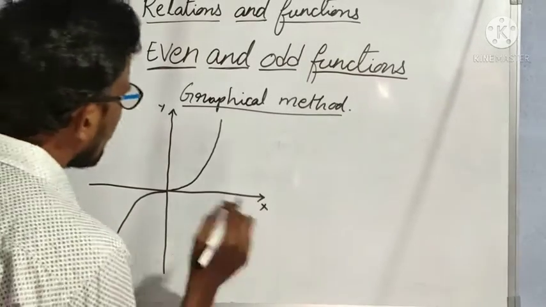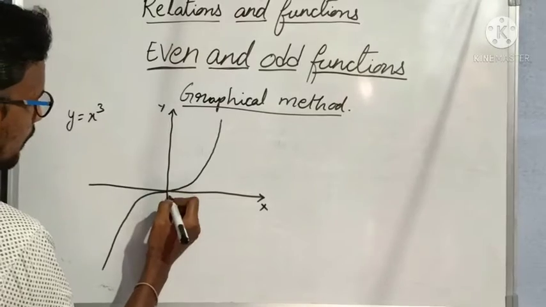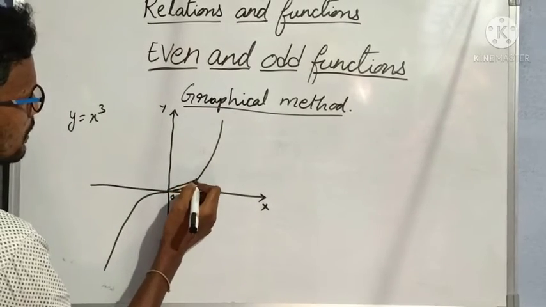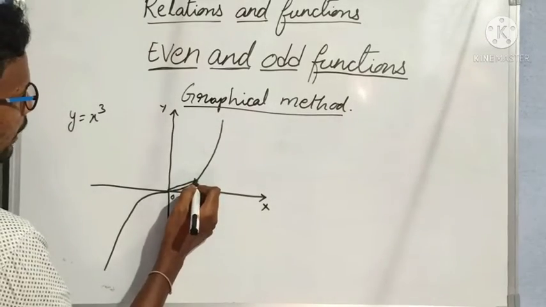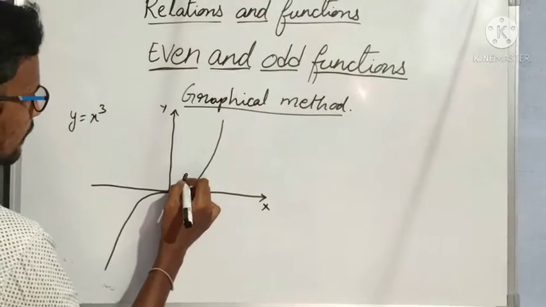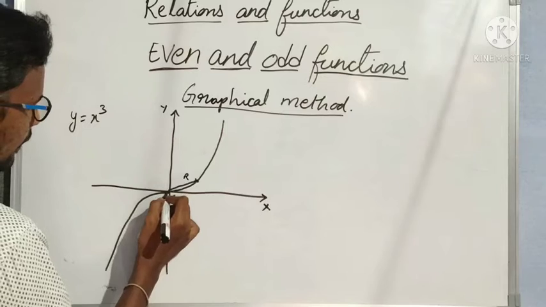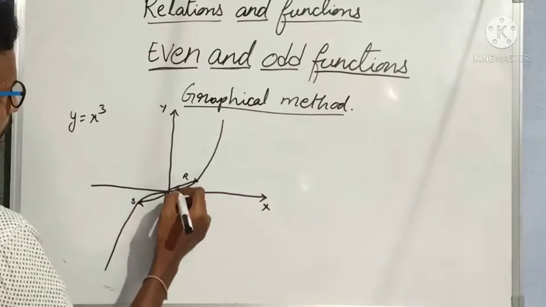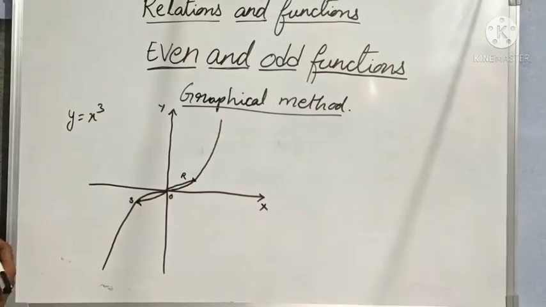So symmetric about origin means, for suppose from origin, from x is equal to 0, if you travel some distance, up to here we are traveling. There we are finding one point, for suppose R. In the same way, if I travel in the opposite direction also, I am finding some point S, in the same distance. Yes.